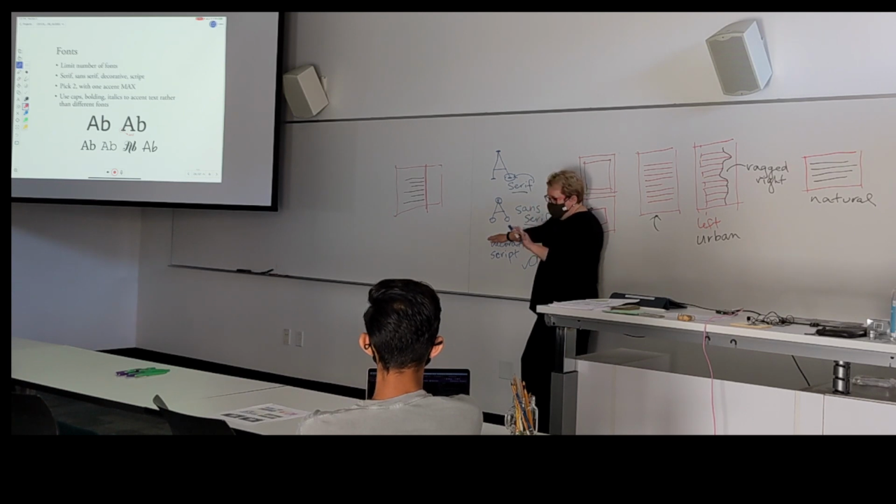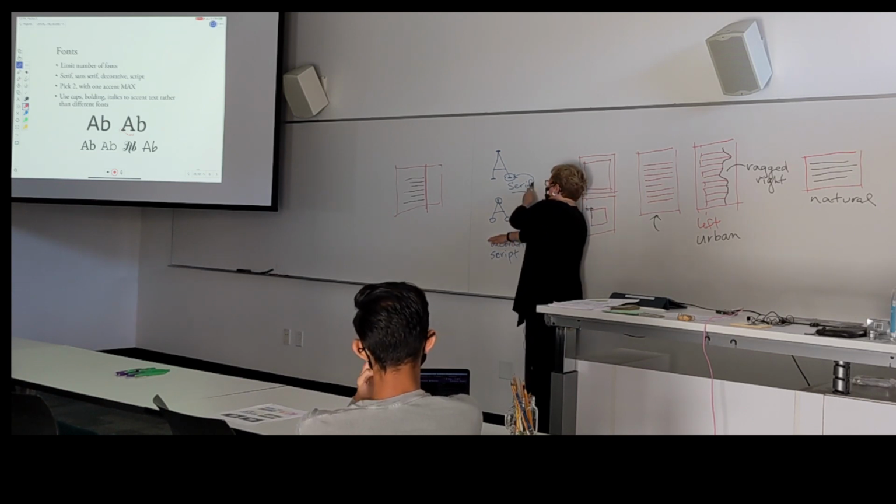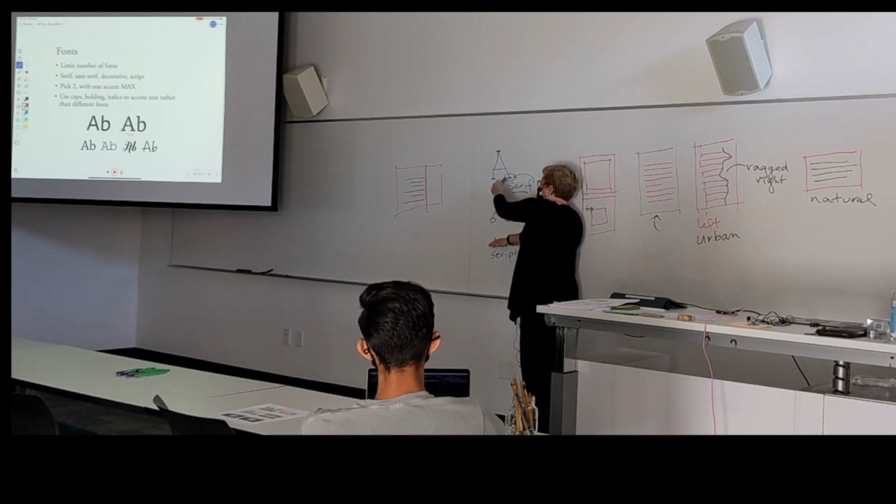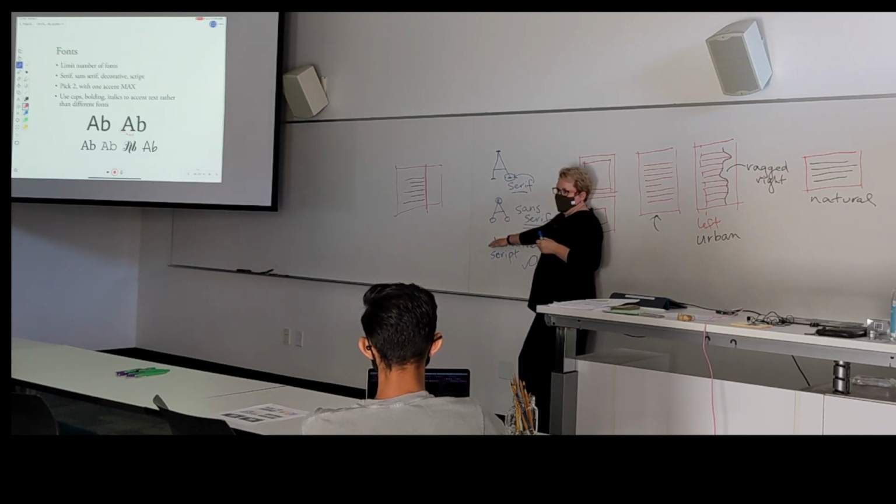And usually what we do is we make the serif font the body, and the sans serif font becomes the larger text, the headings, the subheadings, and things like that. The reason is because serifs are actually easier to read to our eyes. They reinforce those edges of the letters, making it a little bit easier for us to read.